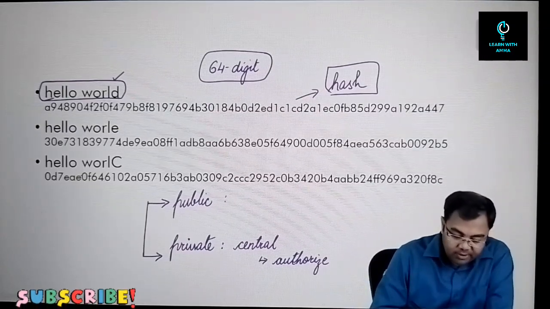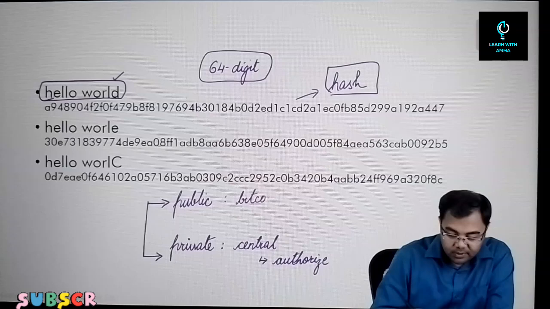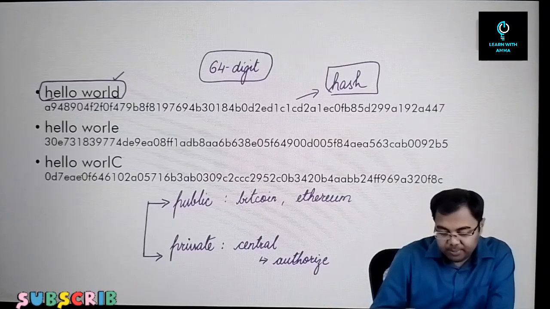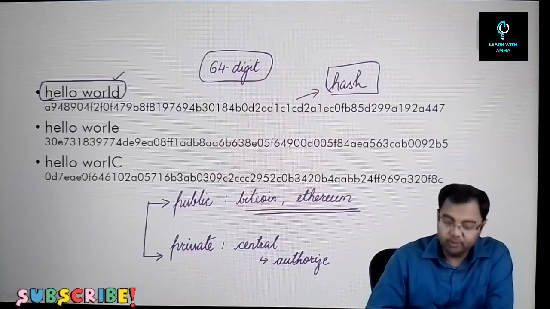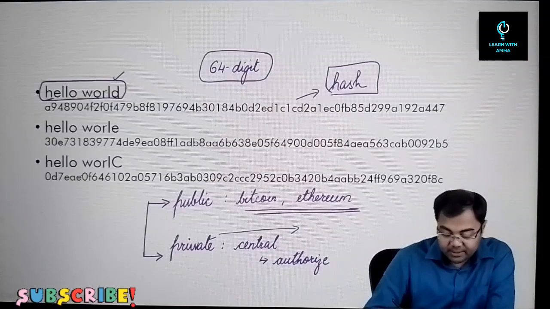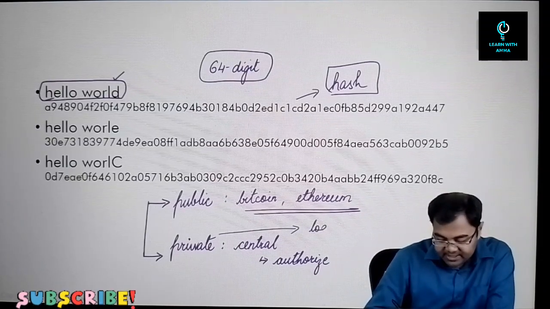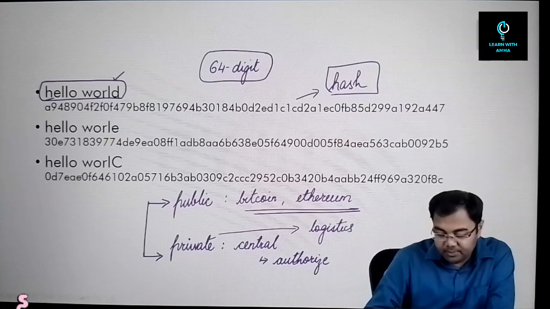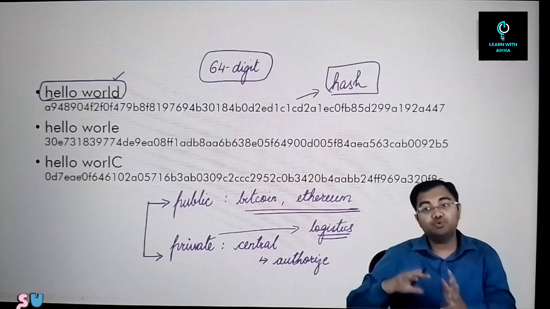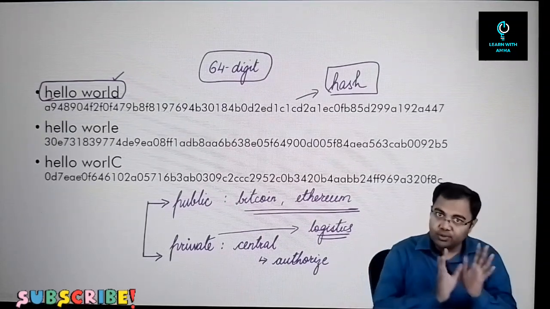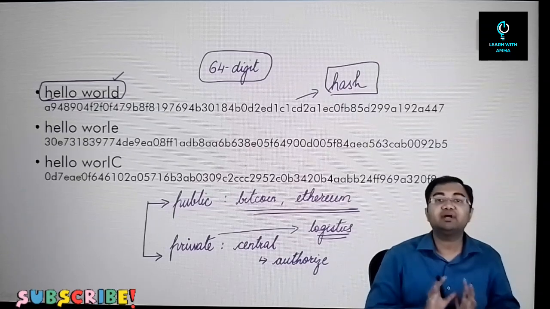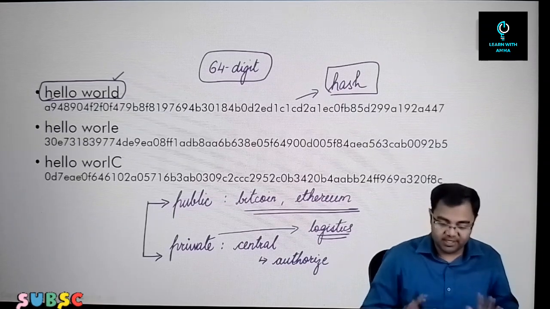So when you talk about things like Bitcoin or Ethereum, these are public blockchains, but there can be private blockchains also. For example, a logistics company will not just allow anyone to be a part of their blockchain, correct? Only the users who are associated with that company will be allowed to use the blockchain. So there can be a kind of centralized authority in certain cases.